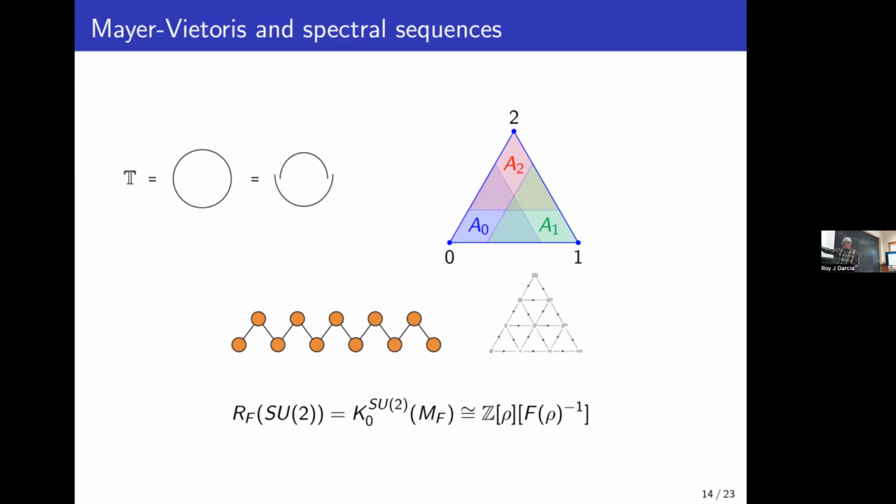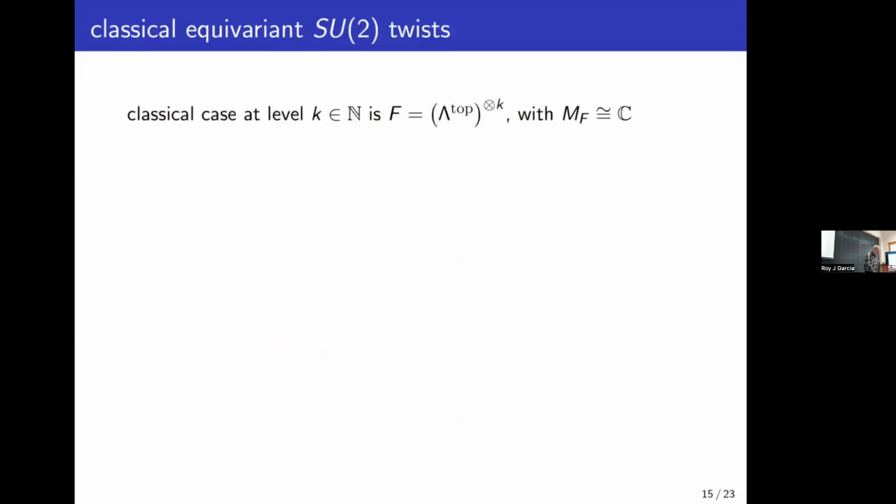You can easily compute the K-theory, or the equivariant K-theory, of SU2 acting on the symmetries. It's just this ring here, rho being the fundamental irreducible. Okay, so the classical case is this.